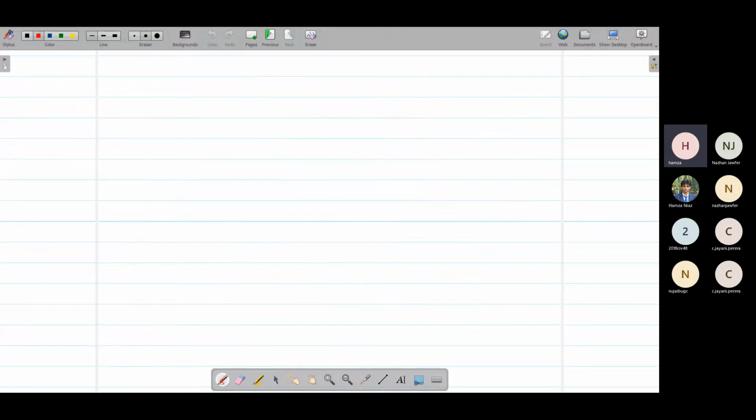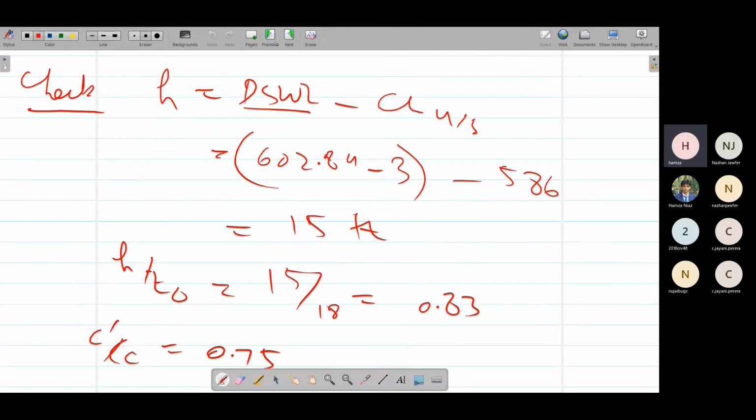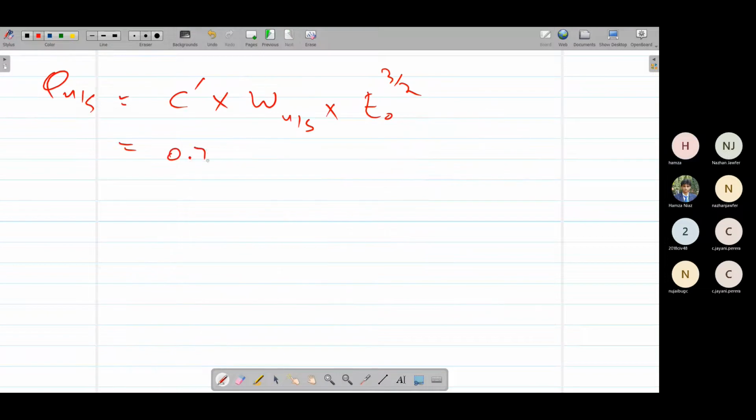Again, we have to use the same formula for Q under sluices, that is C dash into width of under sluices into E naught power 3 by 2. So C dash is simply 0.75 into 3.8, C dash over C into C. Width of under sluices, we have two under sluices on both sides because we were given that canals are on both sides.